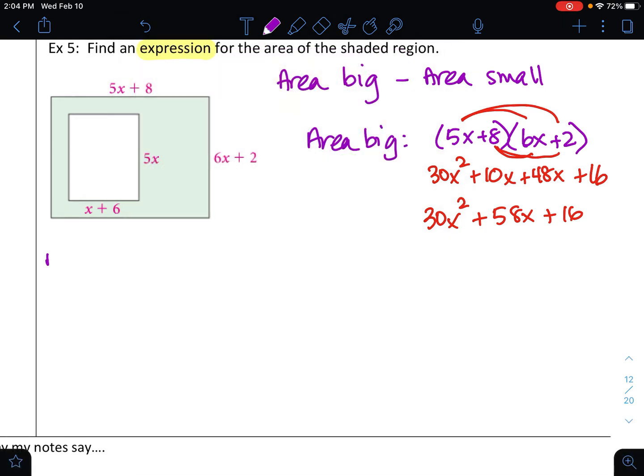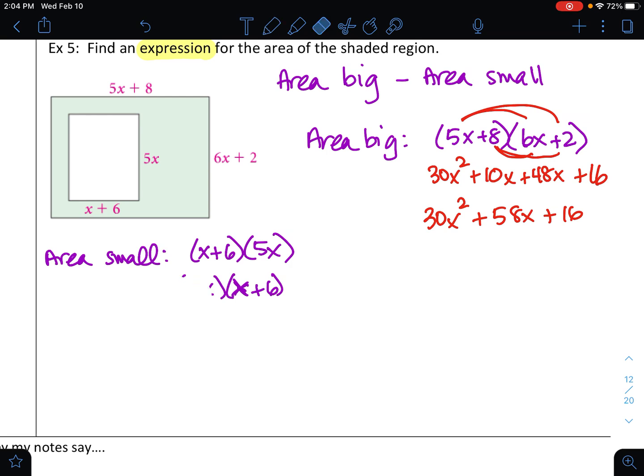Let's come over here. Let's do area of the small. So it's length times width again. So I can either write this as x plus 6 times 5x, or I can flop it around and write it as 5x times x plus 6. Either way you're distributing.